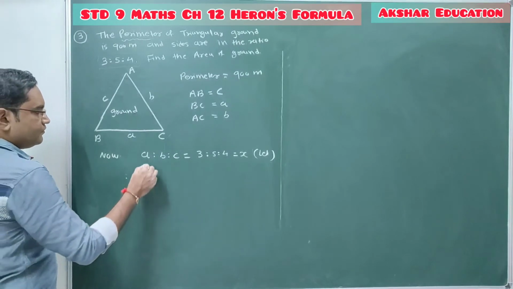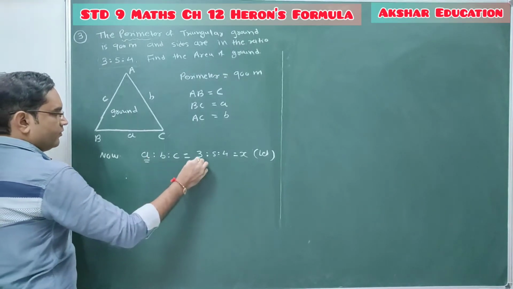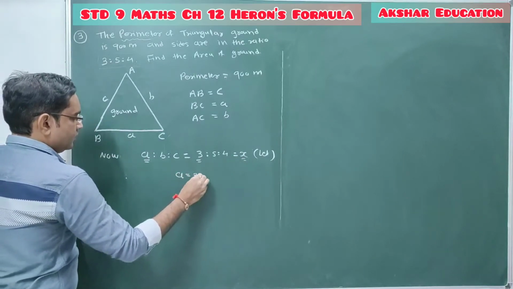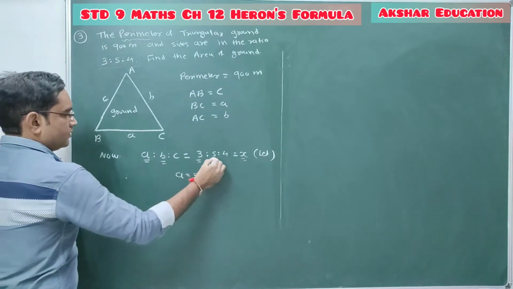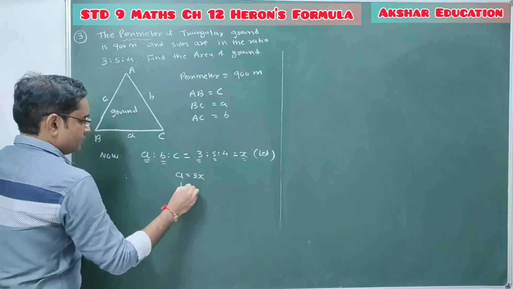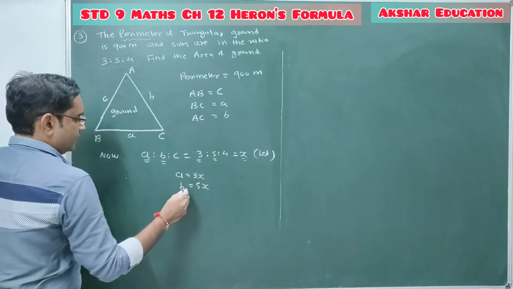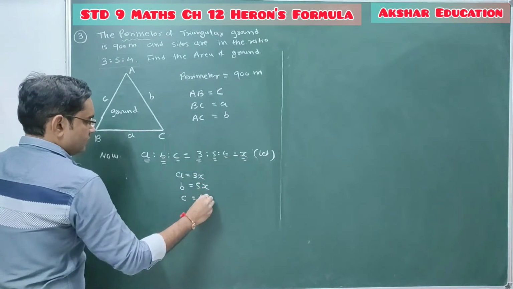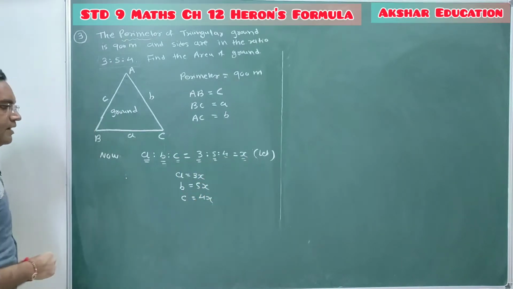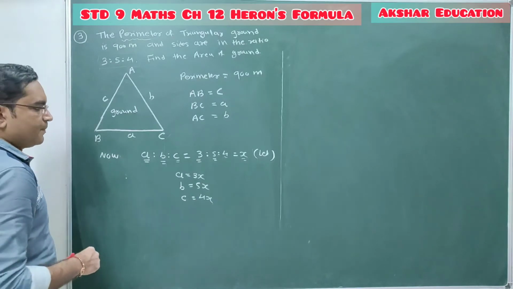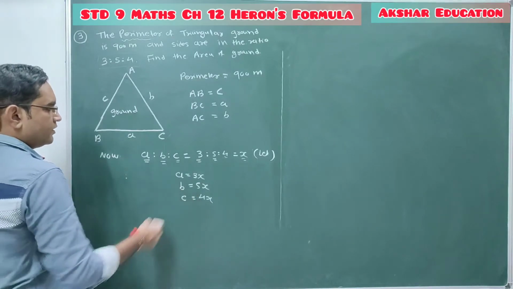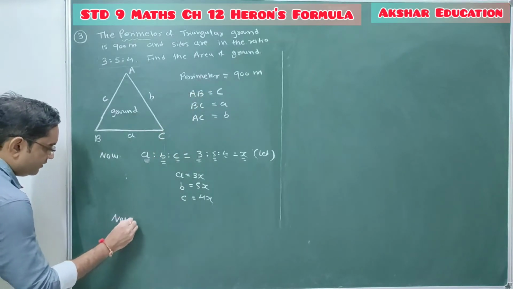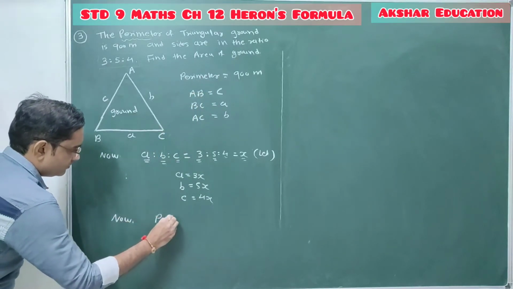So now from this ratio we can write the value of a equal to 3x, b is 5x, and the value of c is 4x. So these are the values of these three sides in terms of x. Now we have to solve for this x. What are we given? Perimeter is given. So now we can write the perimeter.